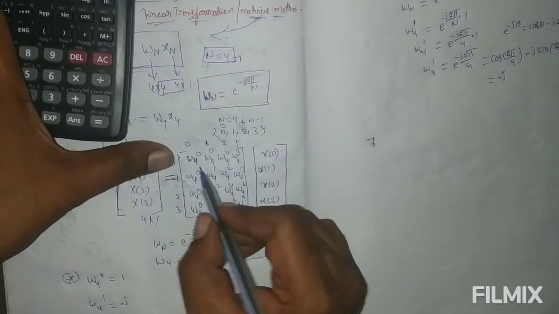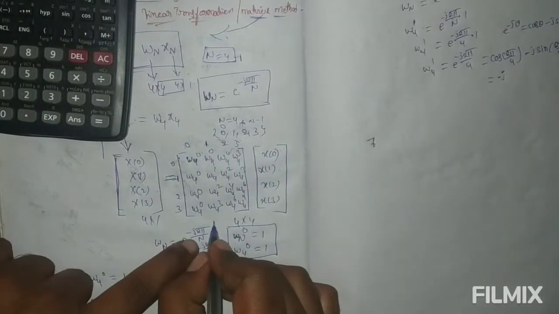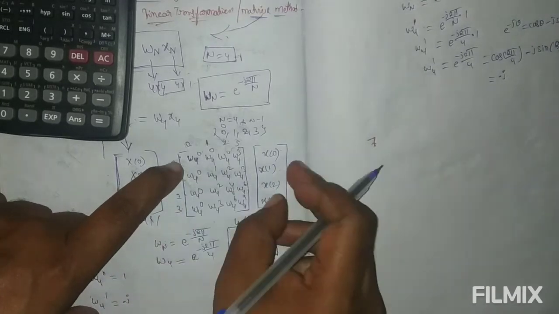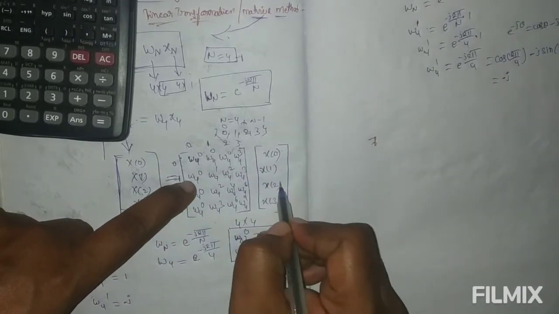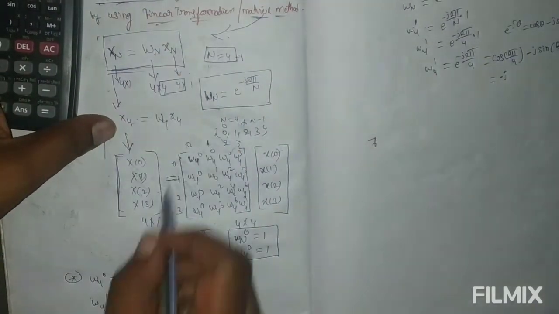Once we have found the twiddle factor values, the matrix multiplication with x of 0, x of 1, x of 2, x of 3 produces the capital X values. This is the DFT of x of n.